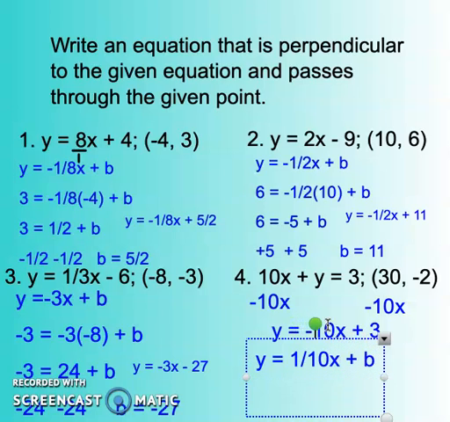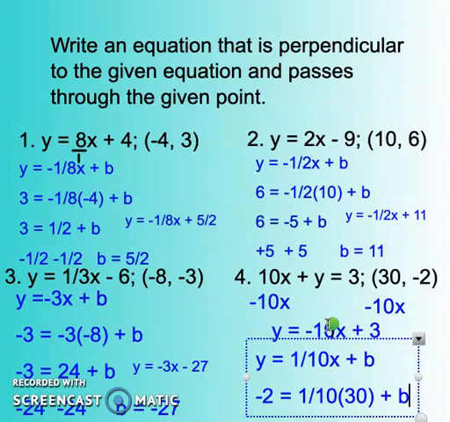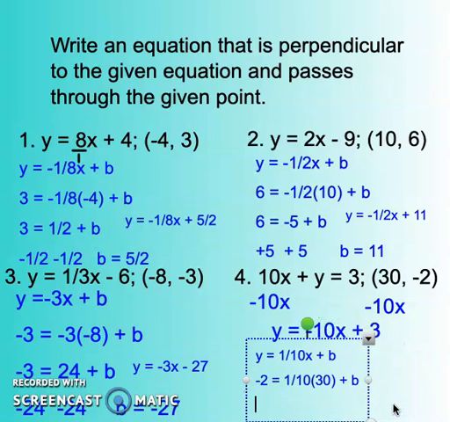And so now I can plug in that 30 and that negative 2. So negative 2 goes in for y, and then 30 goes in for the x, and then plus b. Negative 2 equals, and 1/10 of 30 is 3, plus b.